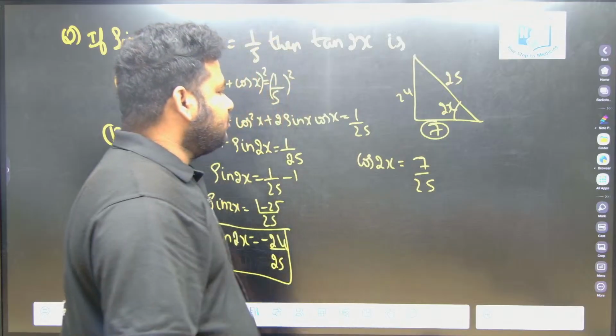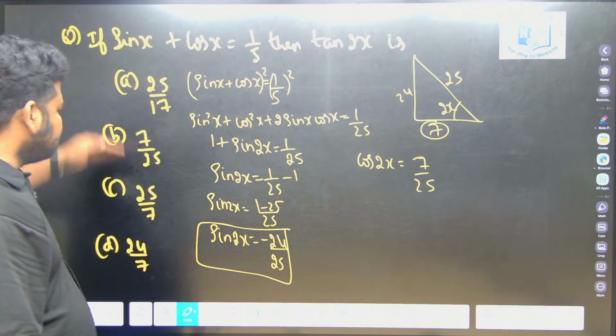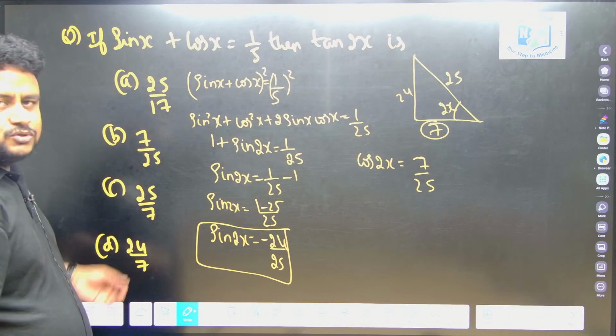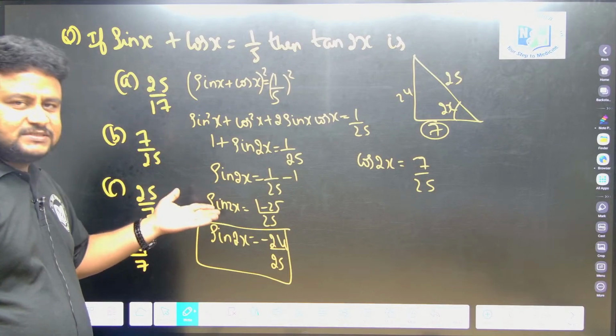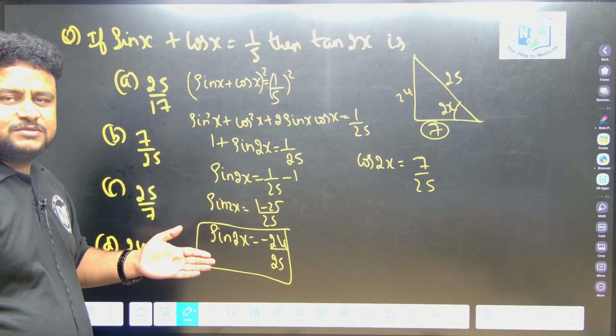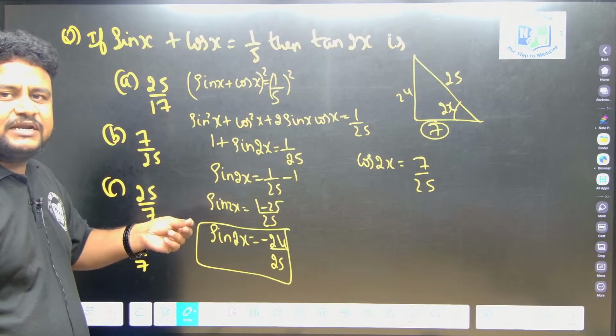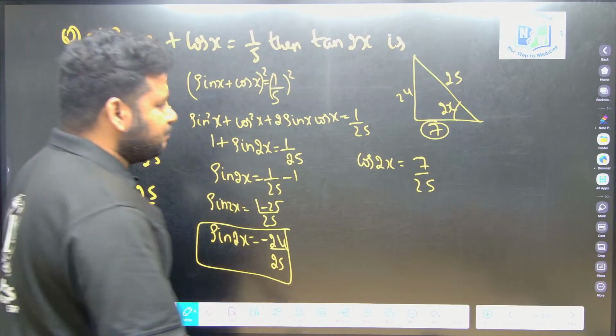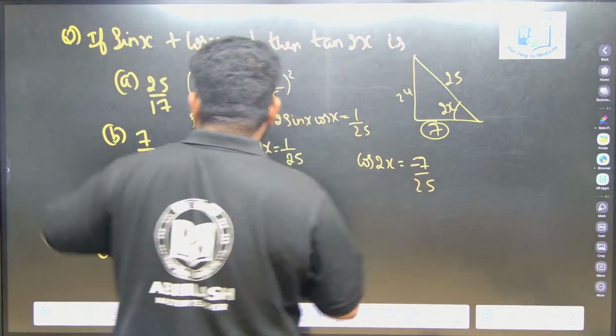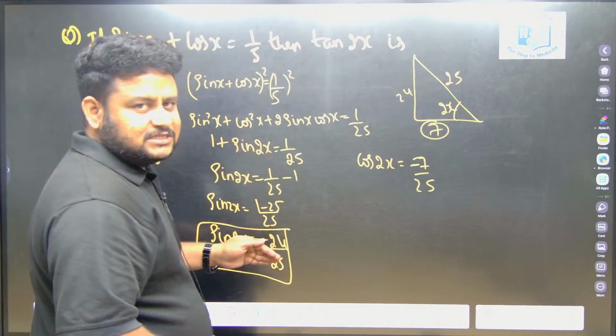Now they are asking tan 2x. If you look at the options, everywhere it is positive. So if the numerator is negative, the denominator should also be negative, so that the result will be positive. So here I will put the negative sign, because options are positive. Minus by minus will give us positive.